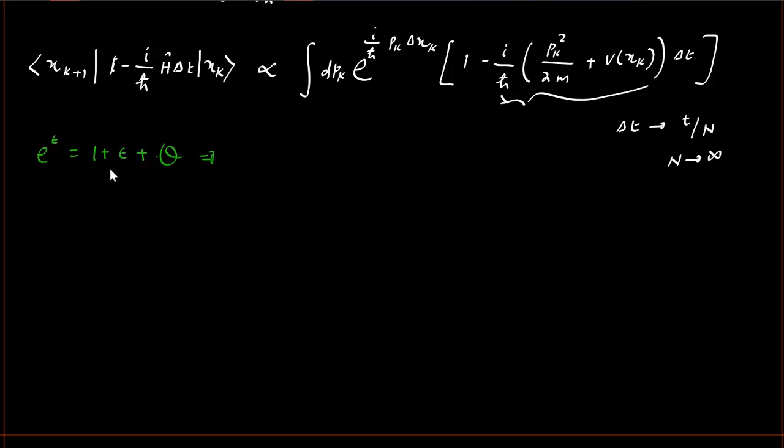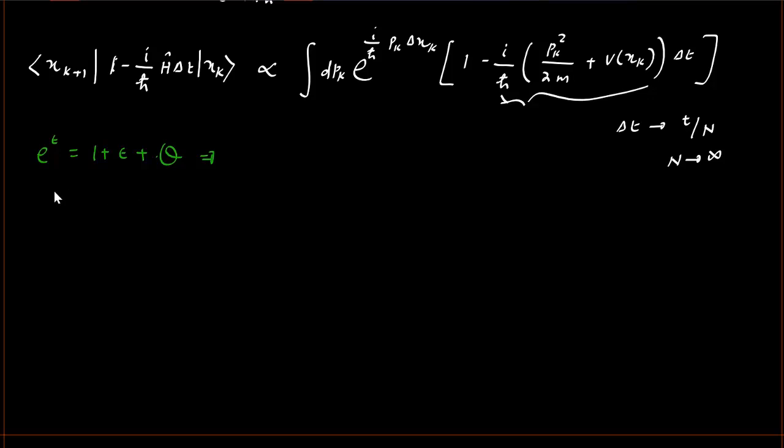Here if I assume epsilon as minus i by h cross this thing, then I can express it.